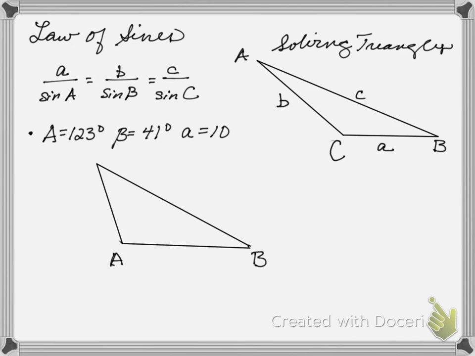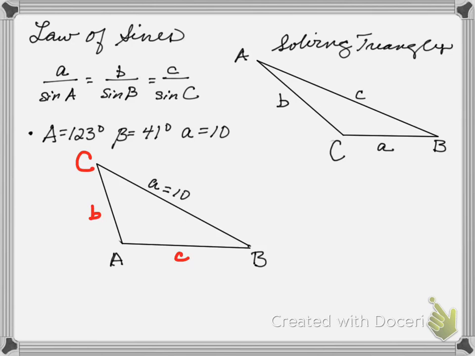That's angle B, which is 41 degrees. And then side A over here on this opposite side, opposite from A, that is equal to 10. And the objective here is to find out what is angle C, what is side C, and what is side B.